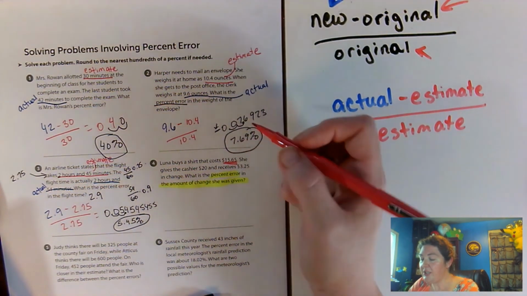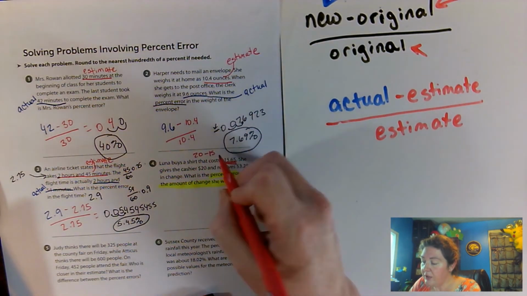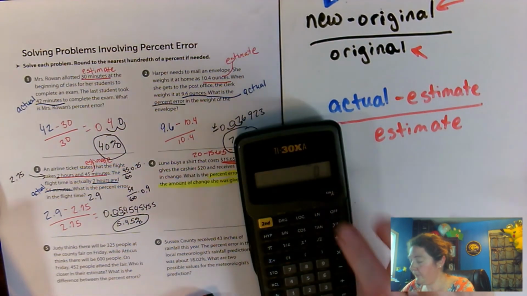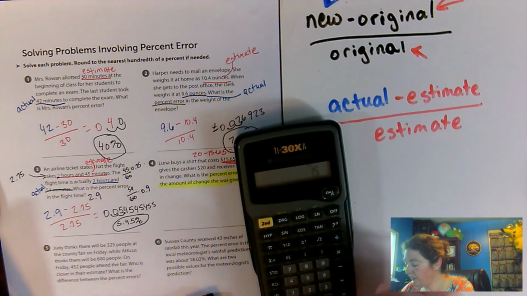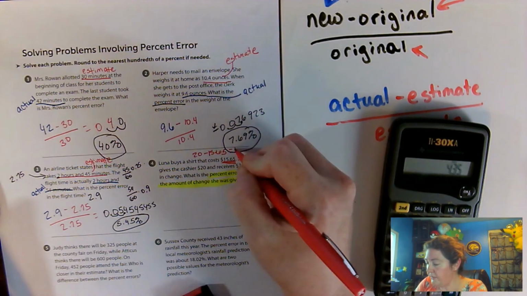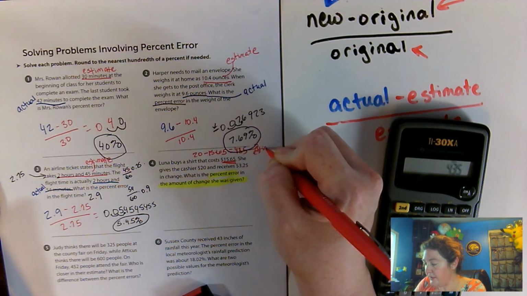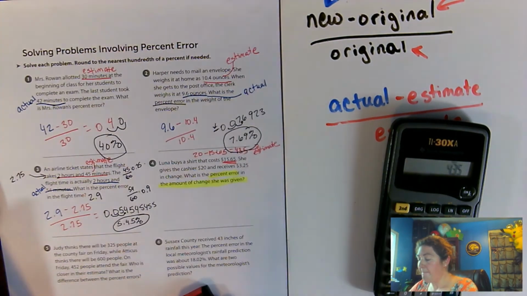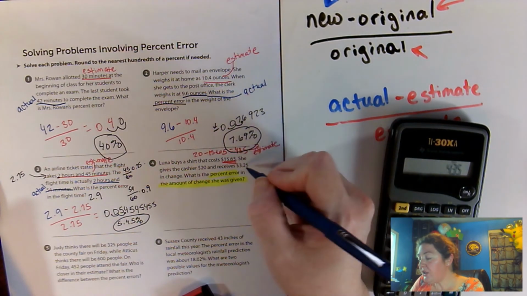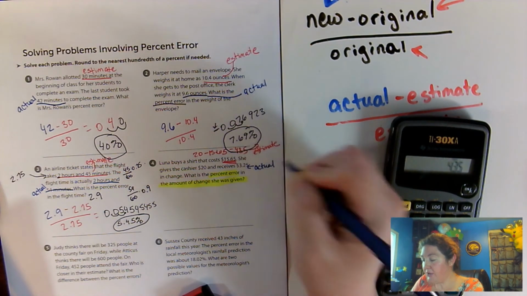So to figure out my change, I'm going to have to say $20 minus $15.65, and let's see what we get. 20 minus $15.65, that gives me $4.35. This is my estimate. Right? My actual, when she actually got up there and she paid for the shirt, this is how much she got back. So that's my actual.